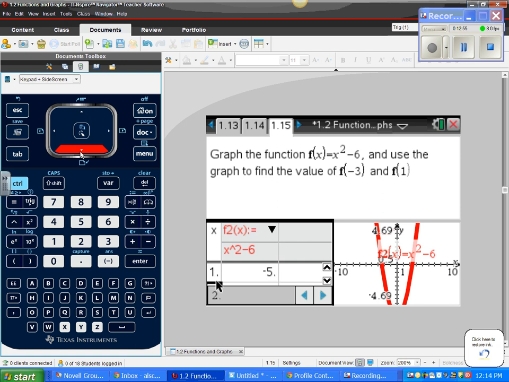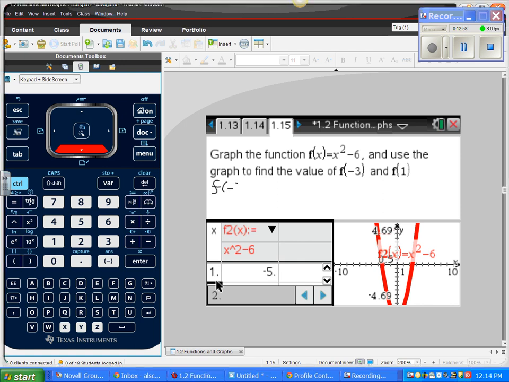And then f of 1 is going to be negative 5. So that means on this graph, these points exist. They're solutions to that equation. Okay, next page.